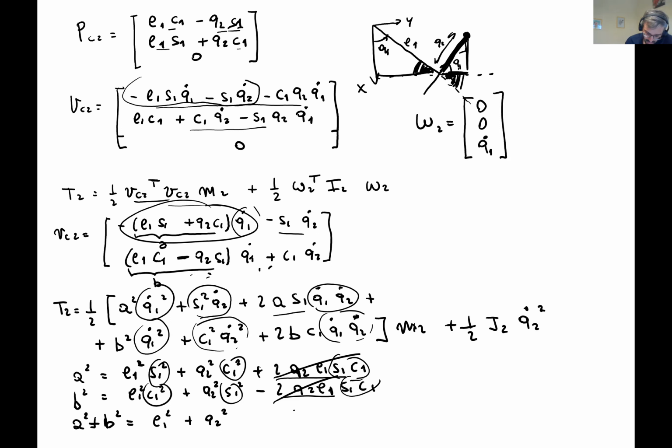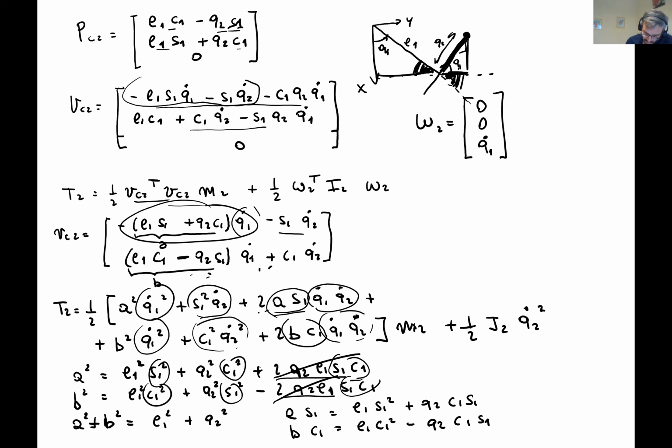If we compute the other thing that we need, A S1 plus B C1, we get L1 S1 squared plus Q2 C1 S1, and L1 C1 squared minus Q2 C1 S1.